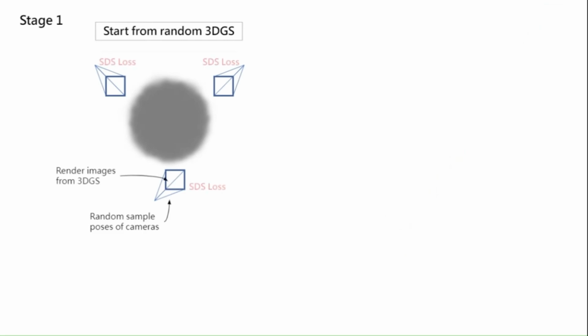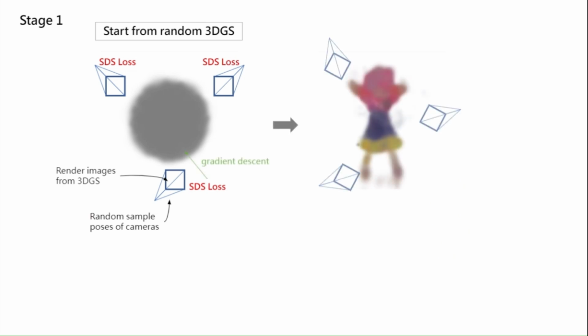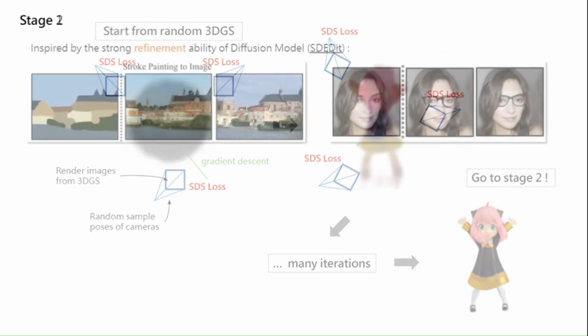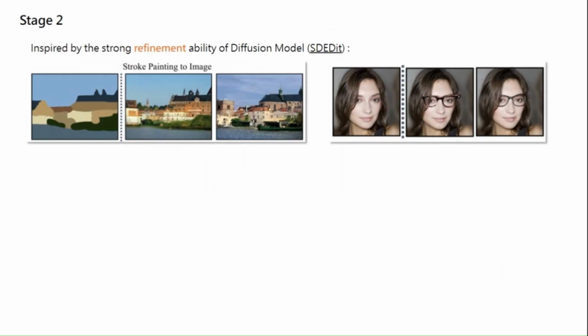As the final part of our presentation, we would like to showcase our experimentation. So just as a small review, remember that in stage 1, we refined the 3D Gaussians through multiple views, calculating SDS losses. These losses help refine the 3D Gaussian splatting to a refined stage. And in the second stage, we utilize the SD-edit method.